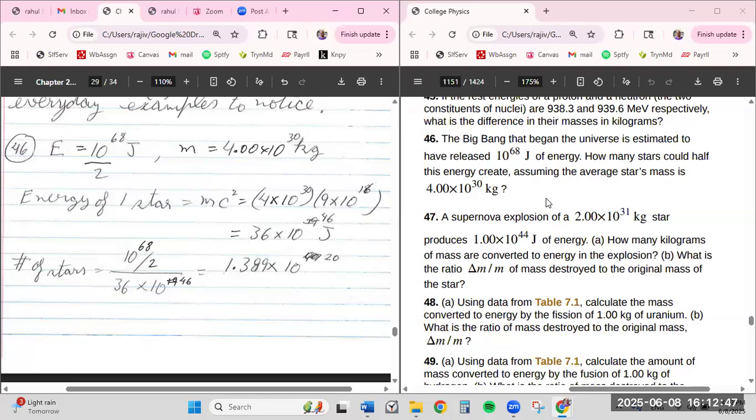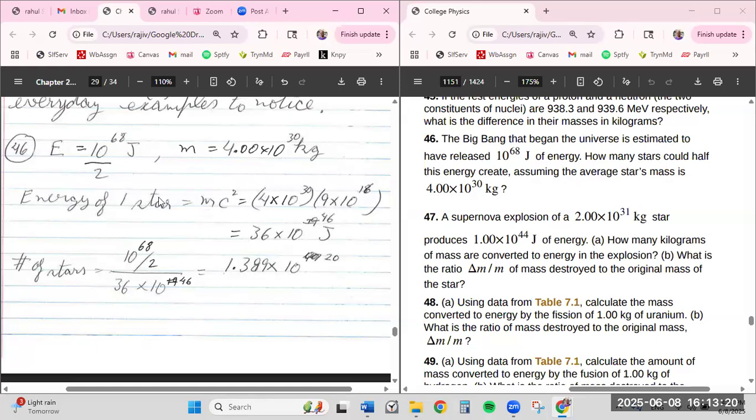The Big Bang that began the universe is estimated to have released 10 raised to 68 joules of energy. How many stars could half this energy create, assuming the average star's mass is 4 times 10 raised to 30 kilograms? So you're given the total energy released at the time of the Big Bang, and then you have to see how many stars you can create out of that energy.